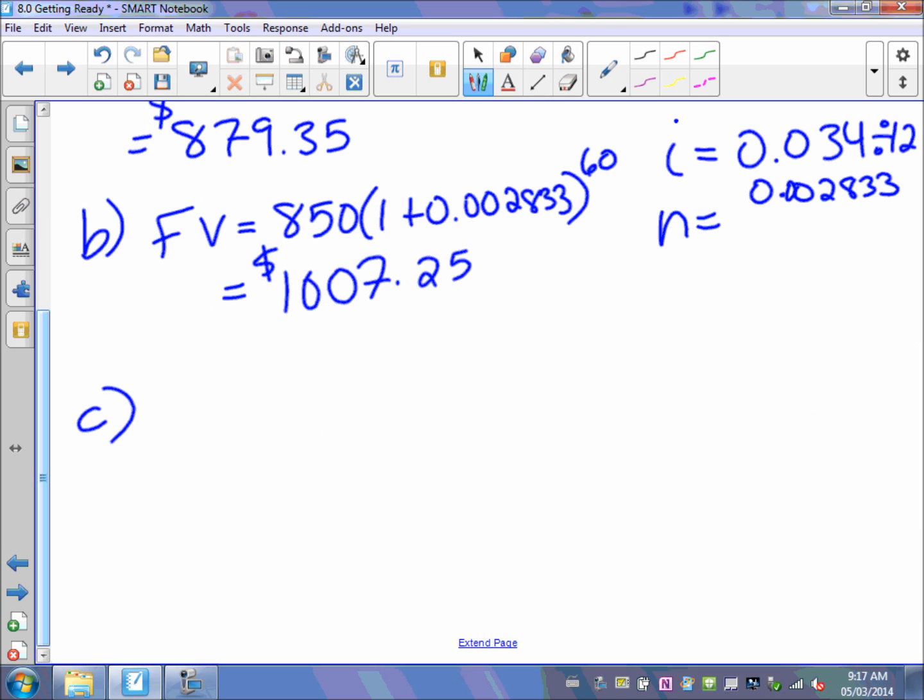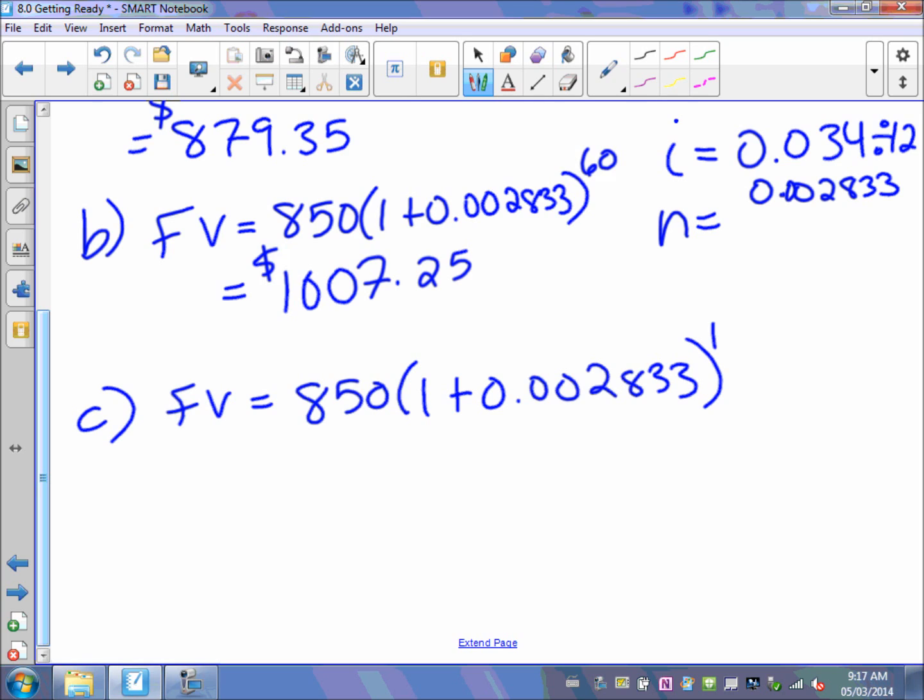So C equals future value 850 times (1 plus 0.002833), and it is already in the unit of months. So we leave it as 10. I got $874.39. Perfect.